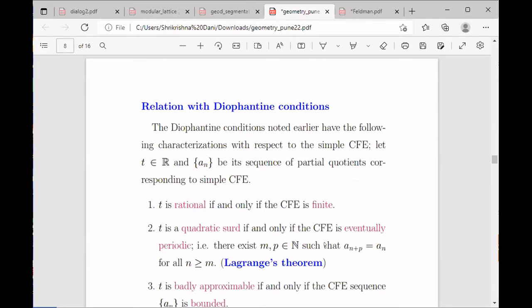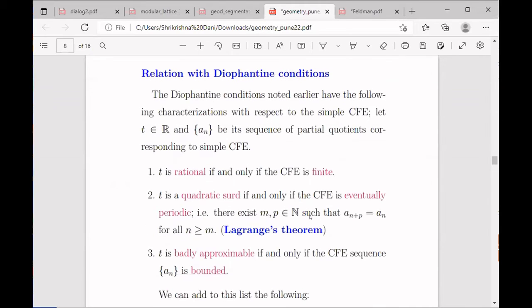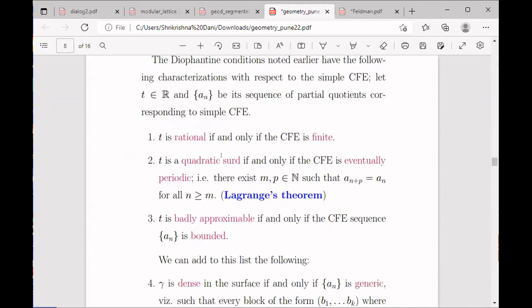Now, as far as this simple continued fraction expansion is concerned, the Diophantine properties that we talked about translate very well in a natural way. Let me quickly recall what that is. t is rational if and only if the expression is finite, which I already mentioned.